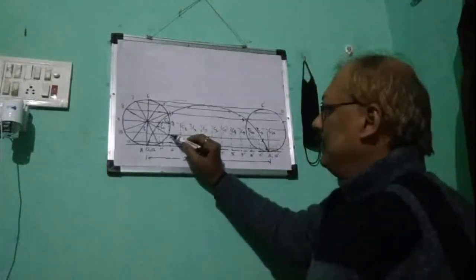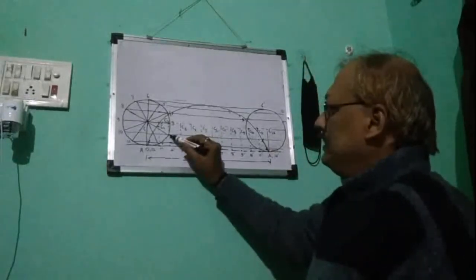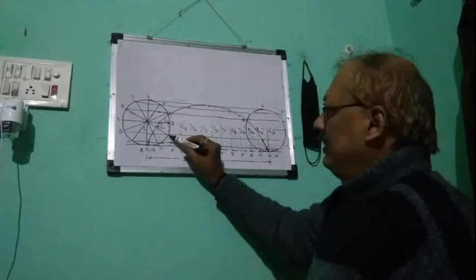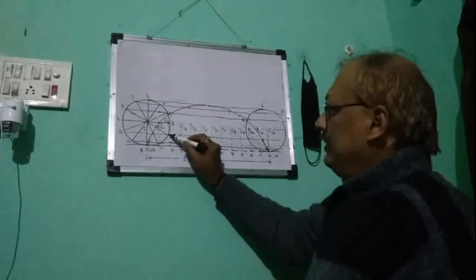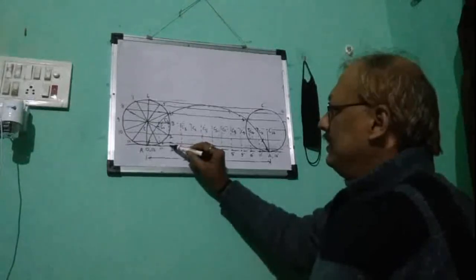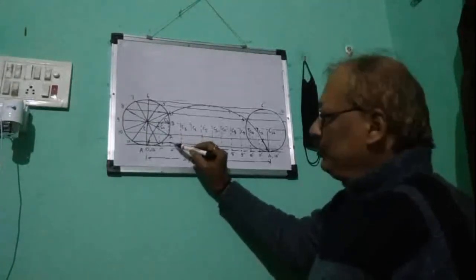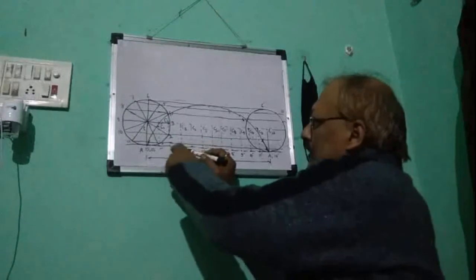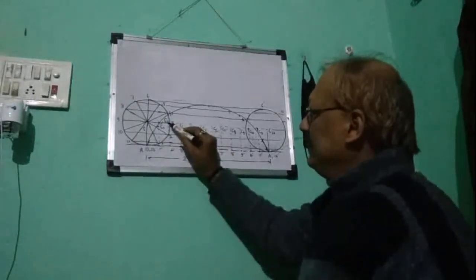So this time 2 will fall on 2 dash. So where will be its center? Here.